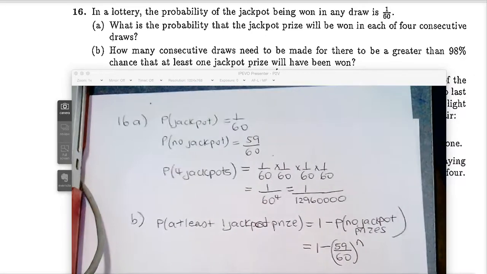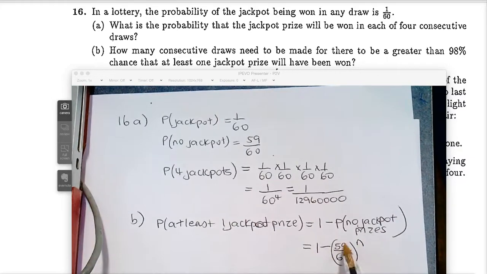At least means 1 minus none, depending on n. So if n is 1, it means if we want one jackpot prize, wouldn't it be 1 minus 59 out of 60, which is 1 out of 60?